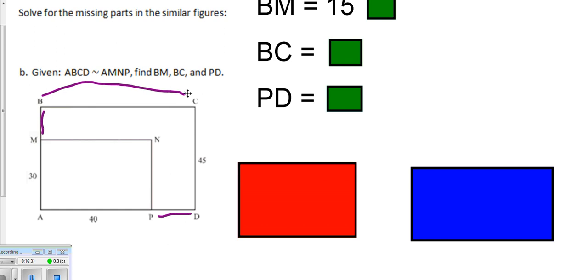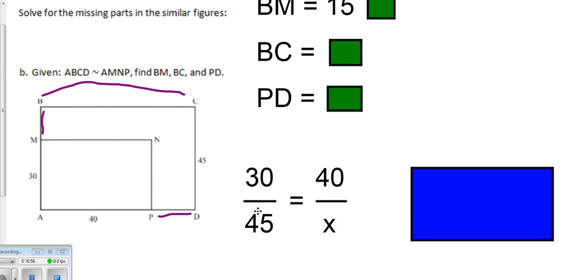To solve for BC, we don't have enough information just to subtract. We need to use the fact that these are similar to make a proportion. The proportion we would set up would put sides of the little one compared to sides of the bigger one. 30 matches with 45. 40 matches with our missing piece. 30 over 45 equals 40 over x.